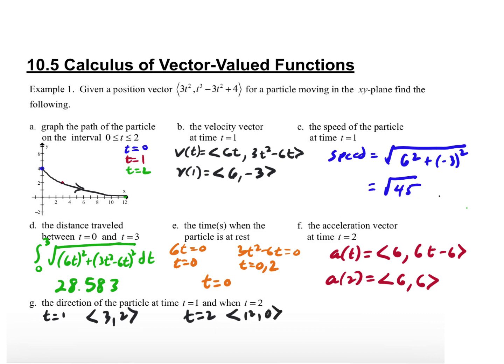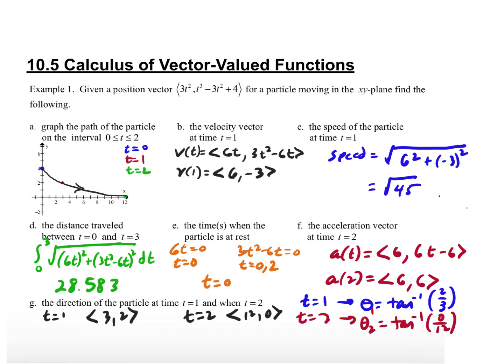So the direction at time 1, this theta is going to be the inverse tangent of 2 over 3. And at time 2, let's call that theta 1, we'll call this theta 2, is at 0. Then it's just a matter of figuring out what those are.